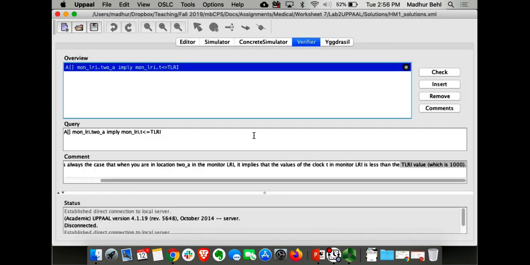So what do you think for normal sinus rhythm? Should this be satisfied or not? In other words, for normal sinus rhythm, we are checking whether the V to V interval will always be 1000. So what do you think? Satisfied, not satisfied?